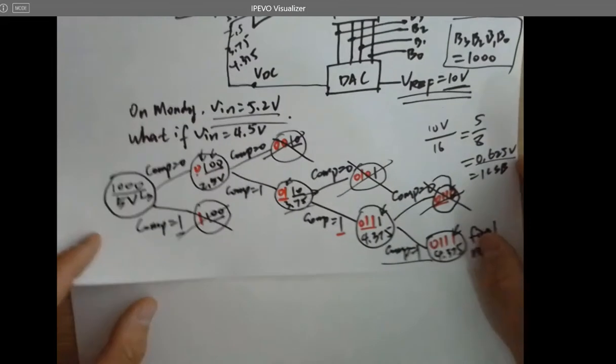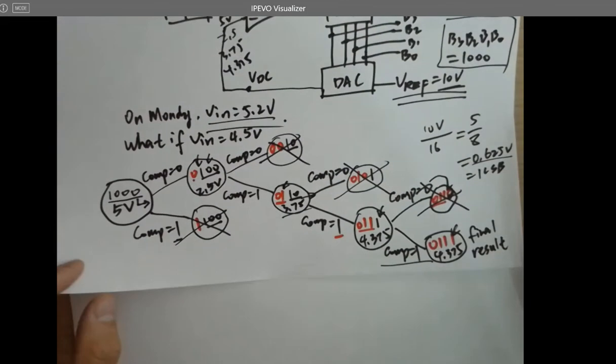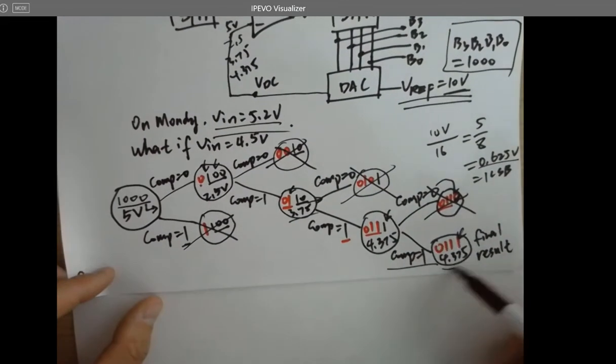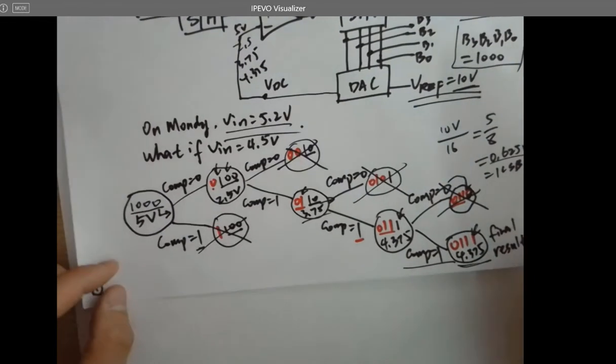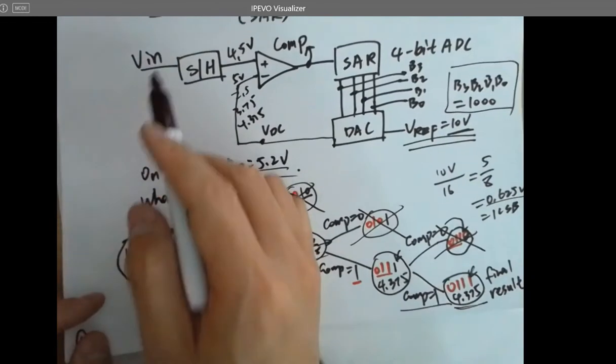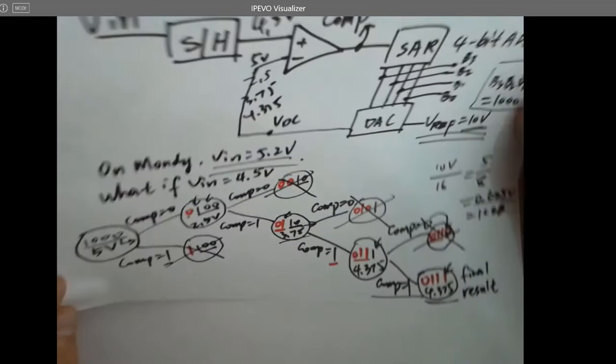And the second conclusion here is the converted result is always smaller than or equal to the analog input voltage.